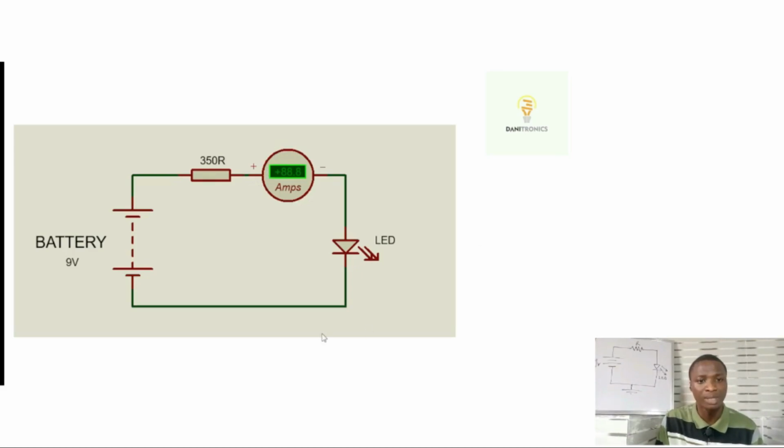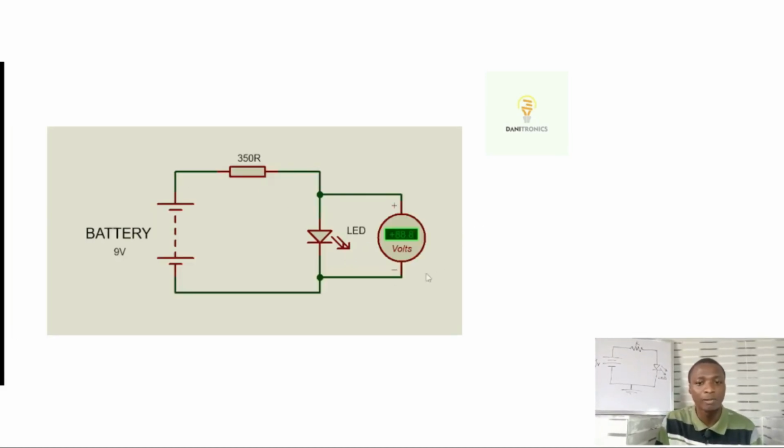You connect your ammeter through the circuit. So this is the way to connect it. If you are using a multimeter, you set your multimeter to current reading and you connect it this way. The two probes of your meter will be connected to the resistor and the LED. That way you'll be able to know the current flowing through the circuit into the LED.